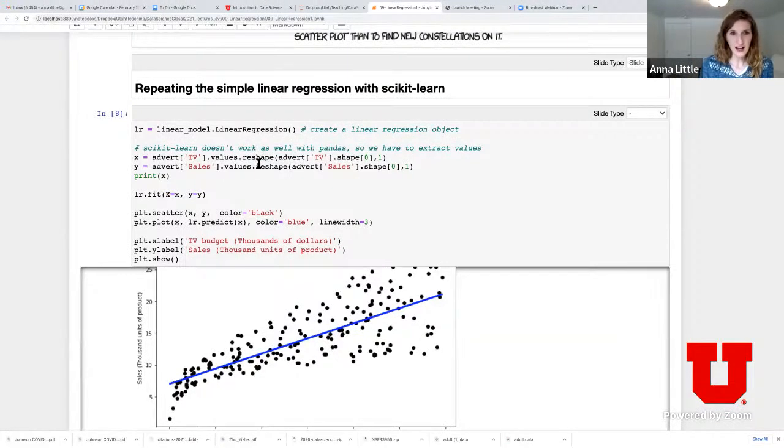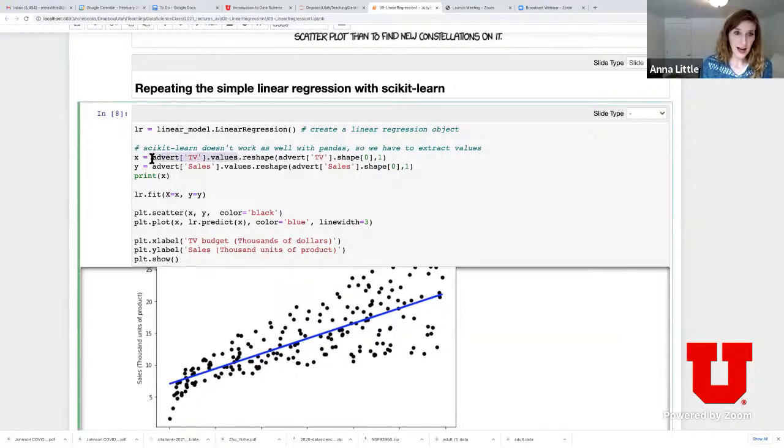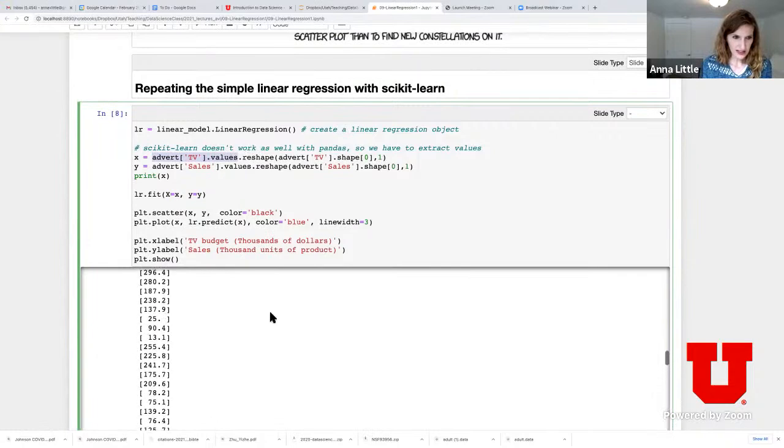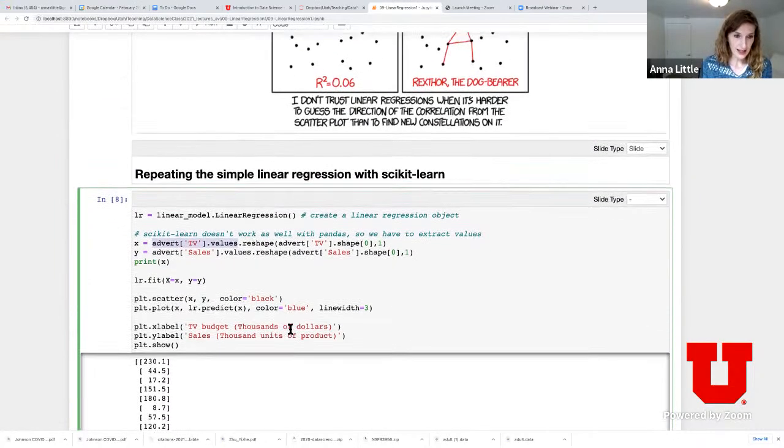So you have to reshape them to get them in the right format. Here, we're just extracting the values and then reshaping if necessary. I printed this out so you can see what the input should look like.